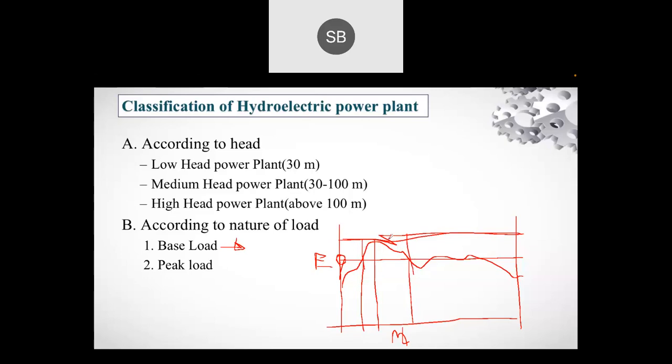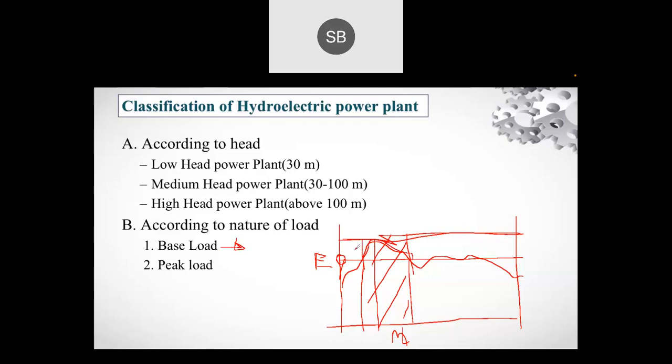Why? If we design this power plant based upon the peak load, then only for this particular instance or time are we utilizing 100% of the power plant. For other timings, we are not utilizing 100%.